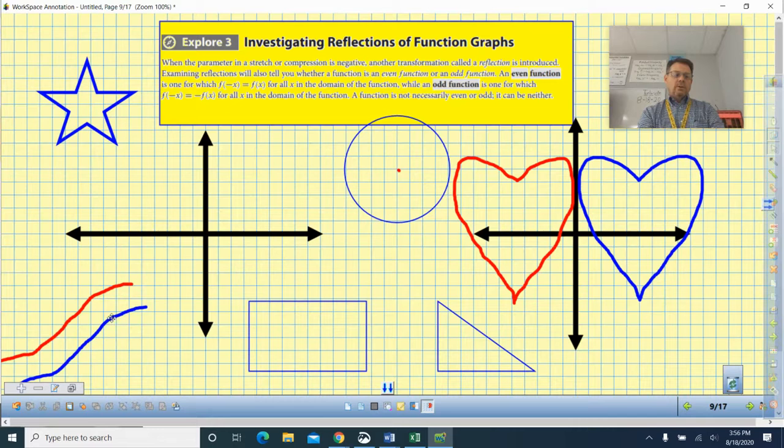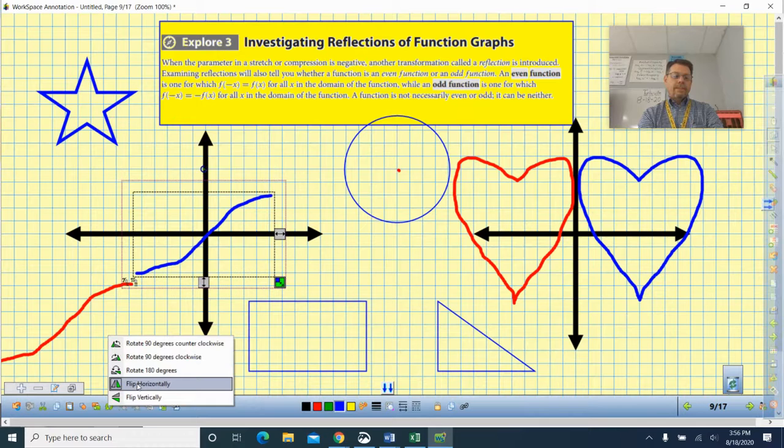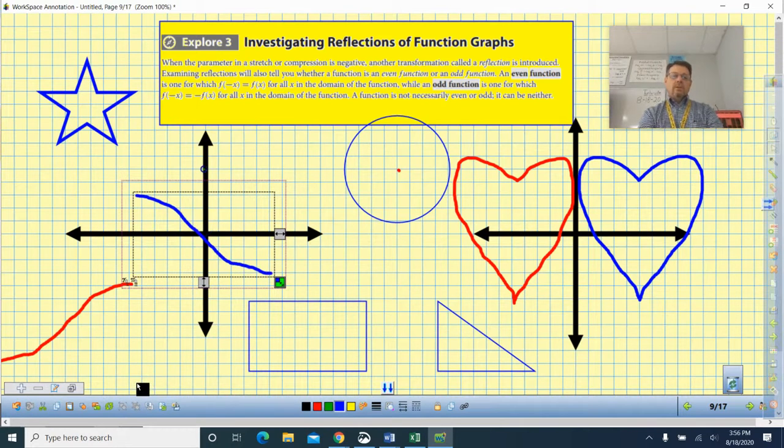Now let's try my little shape. It's supposed to be kind of like a cubic, or a cube root actually. And so what happens if I flip this guy? Whoops, that doesn't look the same, does it? So this guy is not an even function, and there's nowhere I can put it that if I flip it across the y-axis, I'll get the same thing.